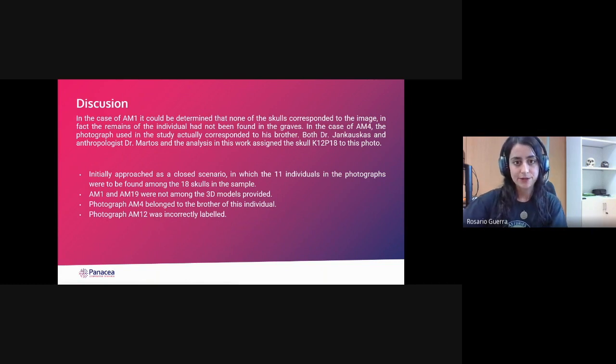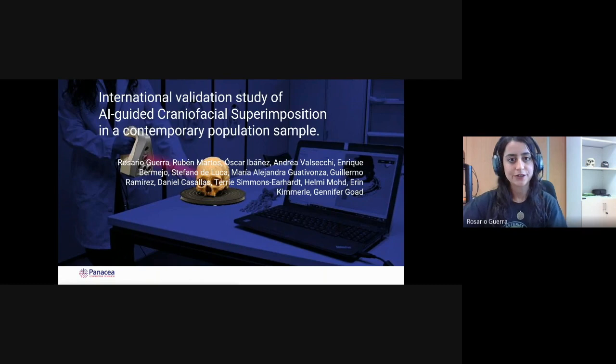And I think we're just going to move on to the second study. So after seeing the results of the study and the limitations that we had come to find in our first study, which were mainly related to the fact that some of the people were not coming from an anthropology background, and also to the quality and quantity of materials, we then decided to design another study in which we would only involve anthropologists with varied degrees of experience in craniofacial superimposition, but at least all coming from the same academic background.